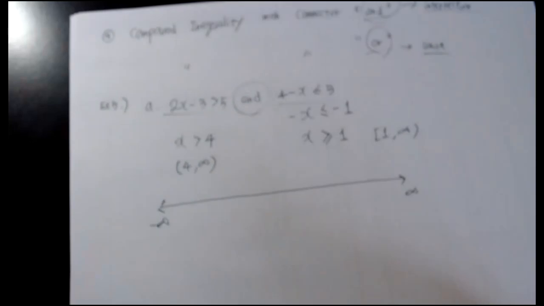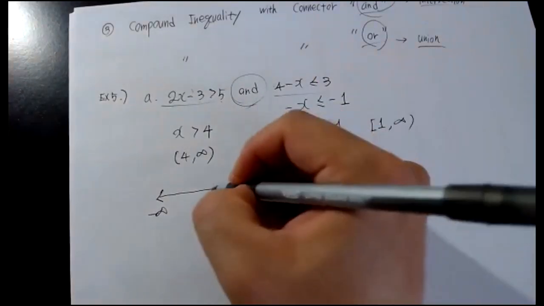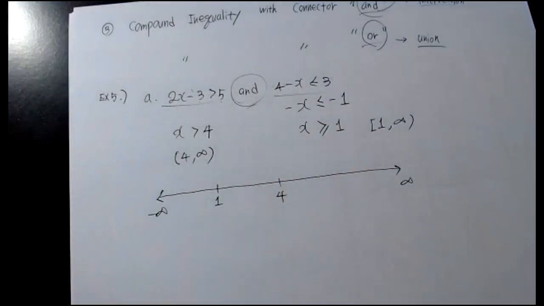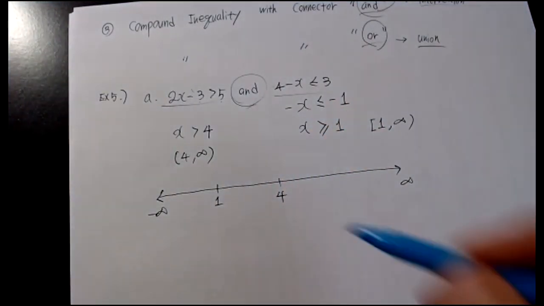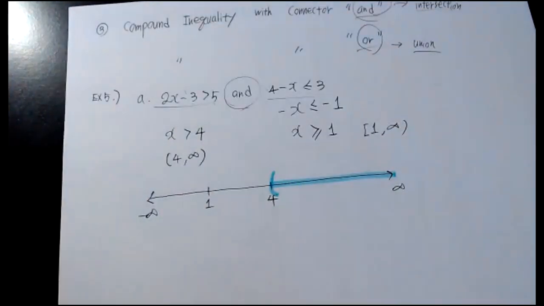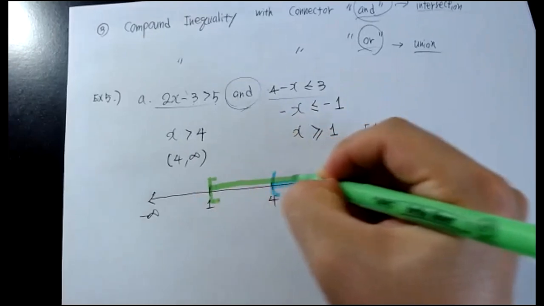So 4 to infinity is this, and closed 1 to infinity is this.